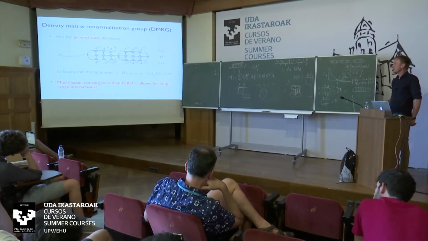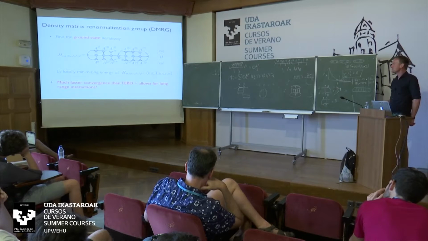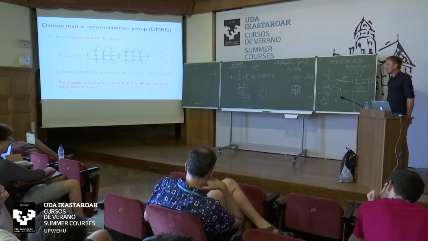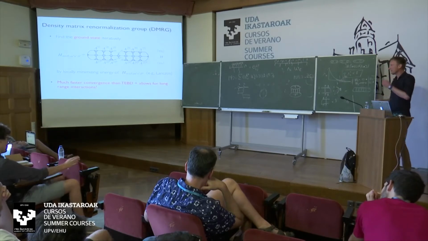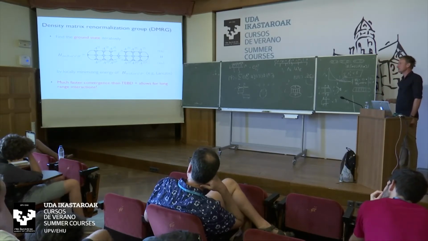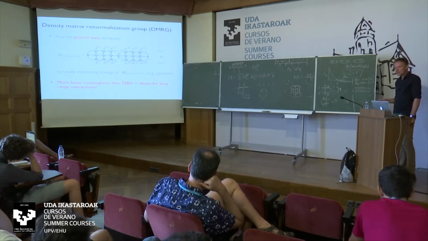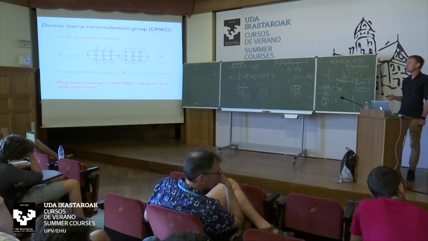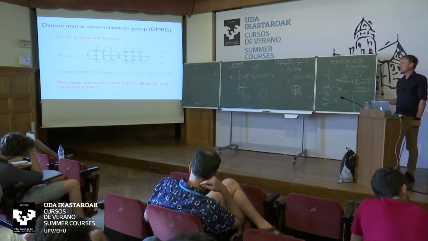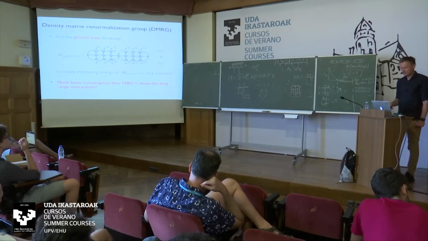And if we have this sort of variational minimization of the energy, then it's much faster than the TEBD algorithm, and it allows for long-range interactions. And with this particular form, it also allows us to have real translation invariance, to the question earlier on, because here we don't have to explicitly break the symmetry.